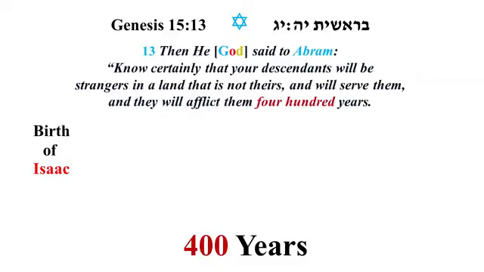So why did it prophesy 400 years? Well, maybe, I think certainly, when did this prophecy begin? If you begin the prophecy at the birth of Isaac, because Isaac, he would be a descendant, right?